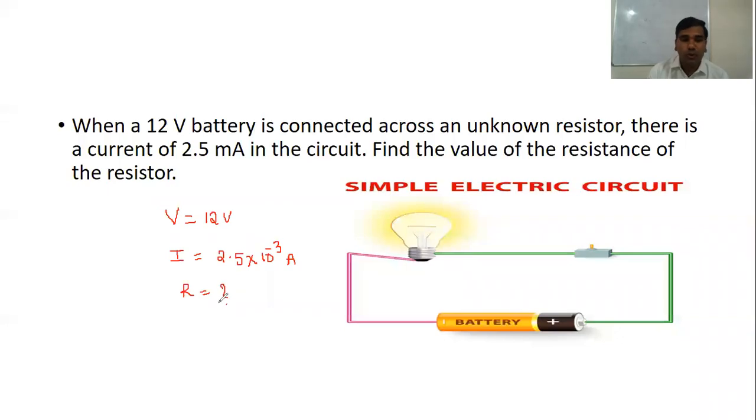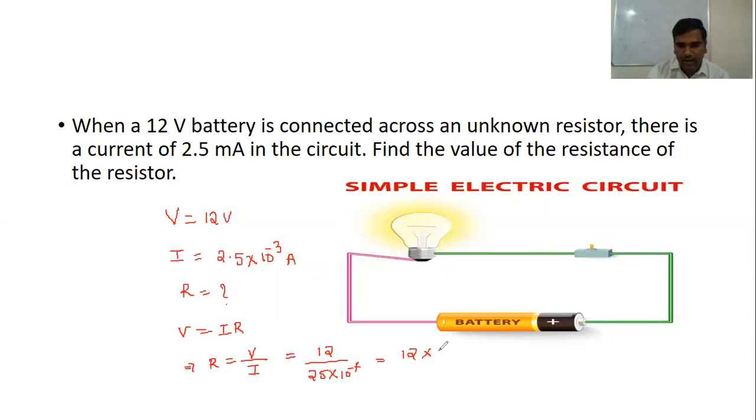Directly we can use Ohm's law. V equal to IR. Therefore, resistance is equal to V by I. And V is 12. Current I is 2.5 × 10^-3, so that can be written as 25 × 10^-4. Let us take this to the numerator, which will become 10^4.